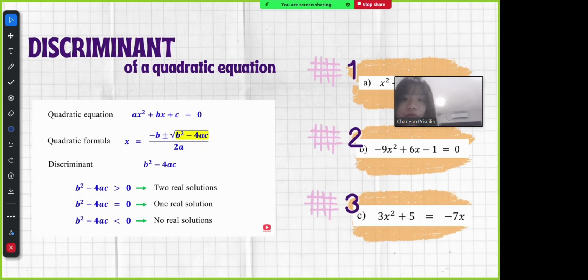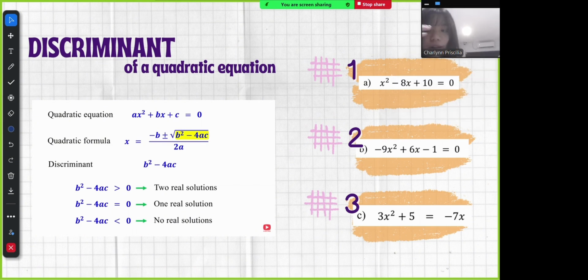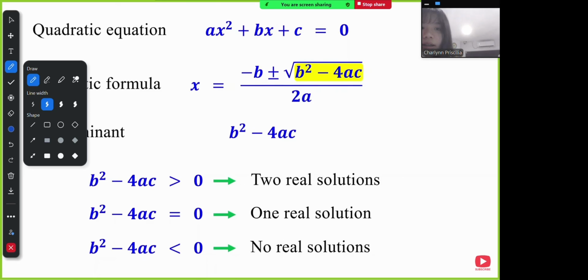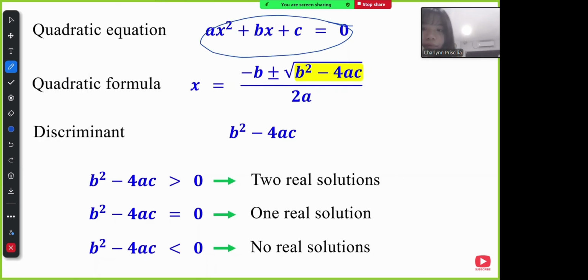Moving on to the discriminant of a quadratic equation. Here, as you can see, I've prepared 3 practice questions so that we can practice together. But first, I need y'all to look at this. Here is the full quadratic formula.